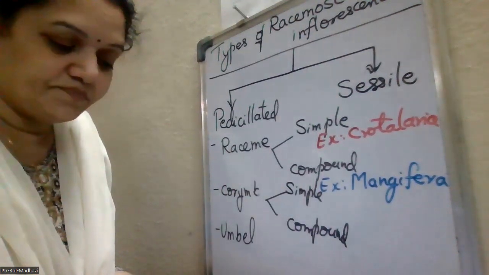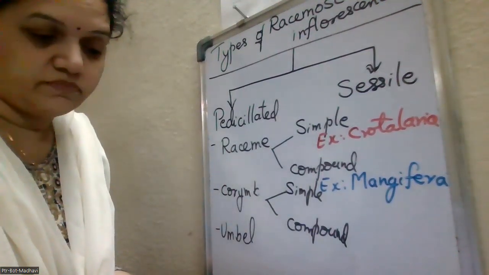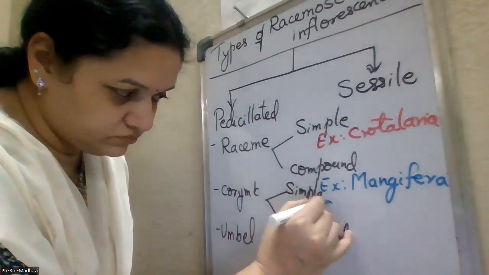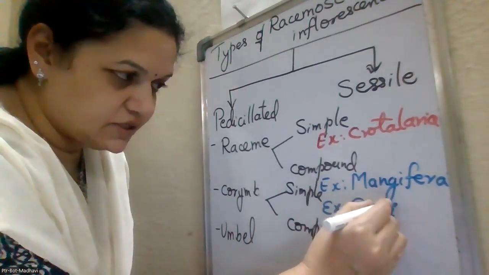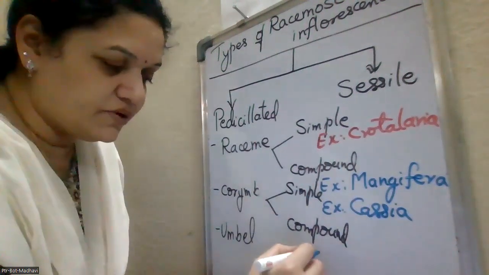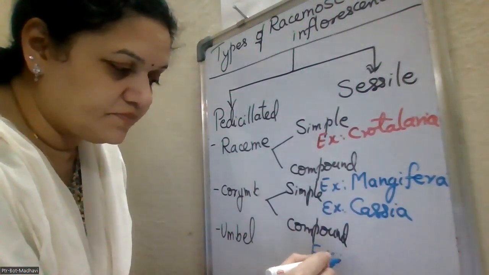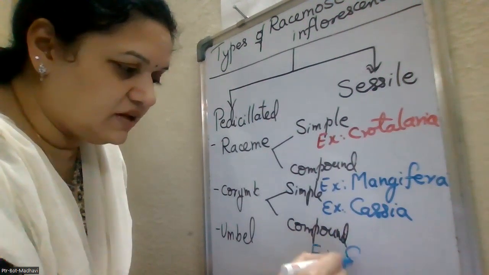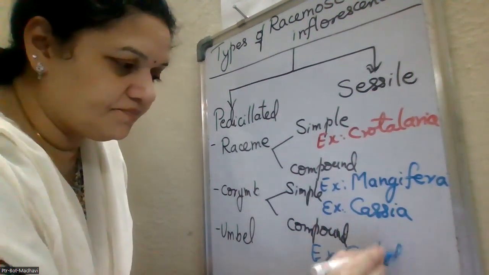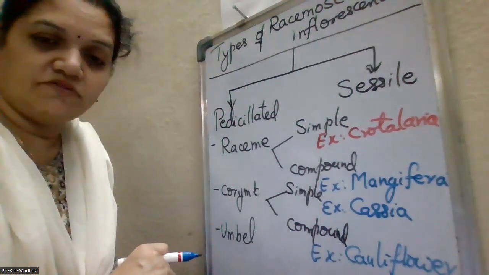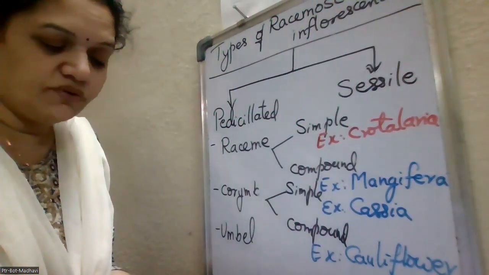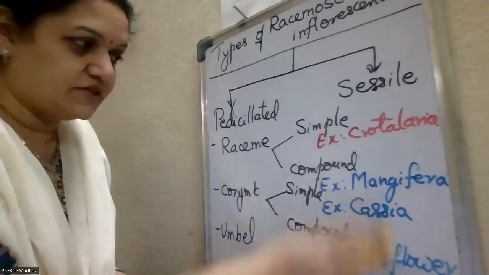Simple example: Acacia. Compound example: Cauliflower. So here, how the flowers are present.